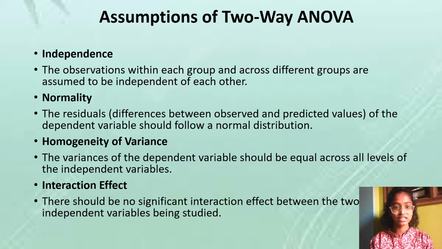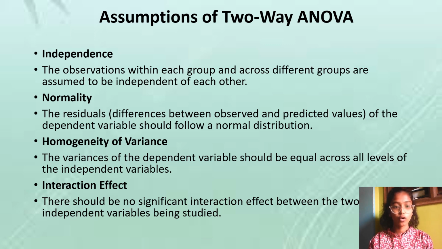And next, let us see some of the assumptions of two-way ANOVA. First is independence. The observations within each group and across different groups are assumed to be independent of each other. And next is normality. The residuals, the difference between observed and predicted values of the dependent variable, should follow a normal distribution.